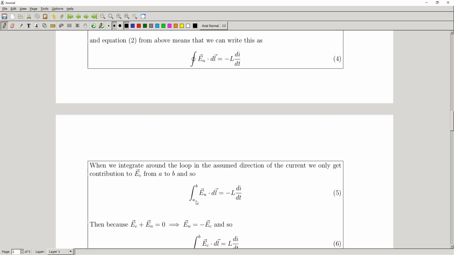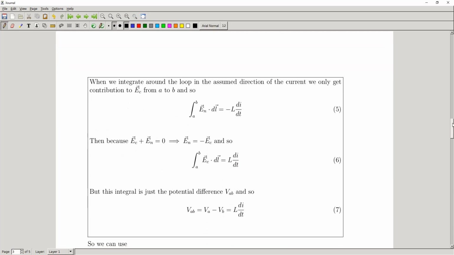Okay, and then because we discussed before how our conservative electric field plus our non-conservative electric field has to be equal to 0 in that region, it must mean that our non-conservative electric field is equal to the negative of our conservative electric field. So we can just plop in minus EC here for En, cancel out the minus signs, and we end up with this expression here.